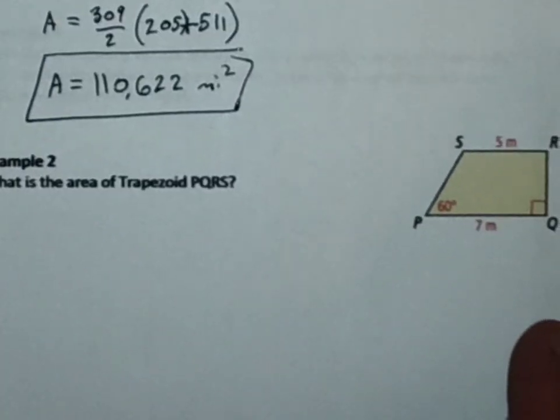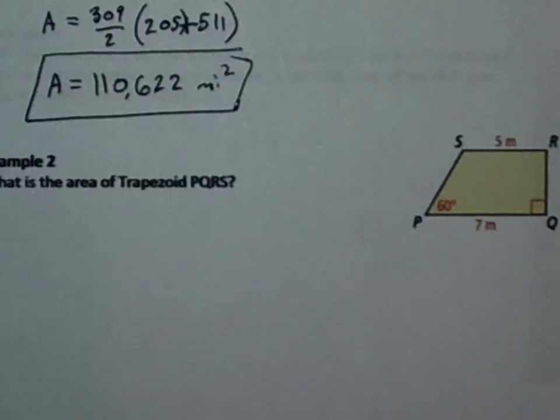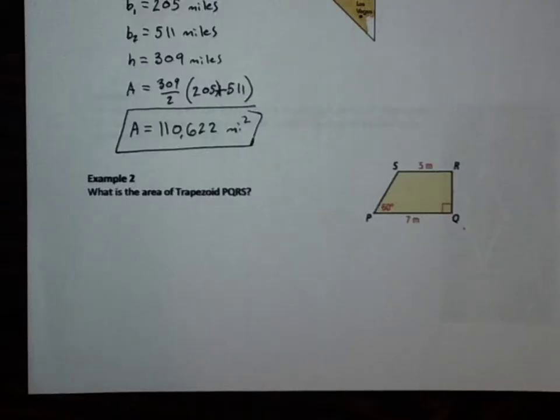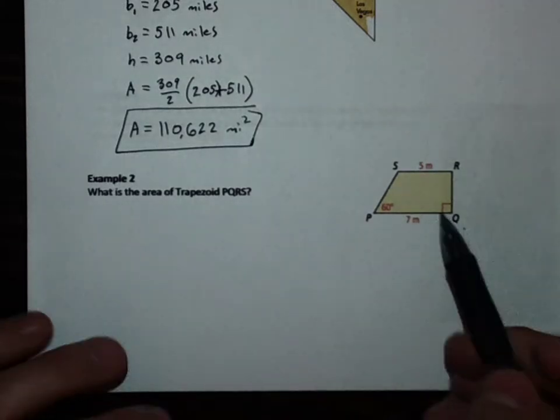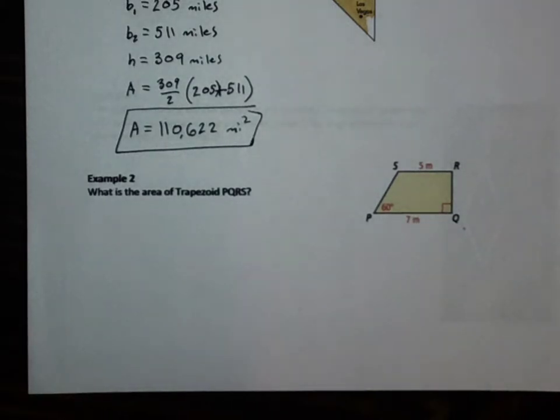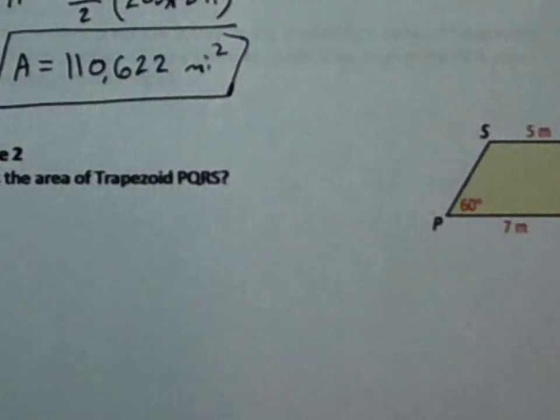So we have another trapezoid here where we could find the area of it. Let's find the area of trapezoid PQRS. Now, you'll see on this one that we have a 30, 60, 90 triangle.